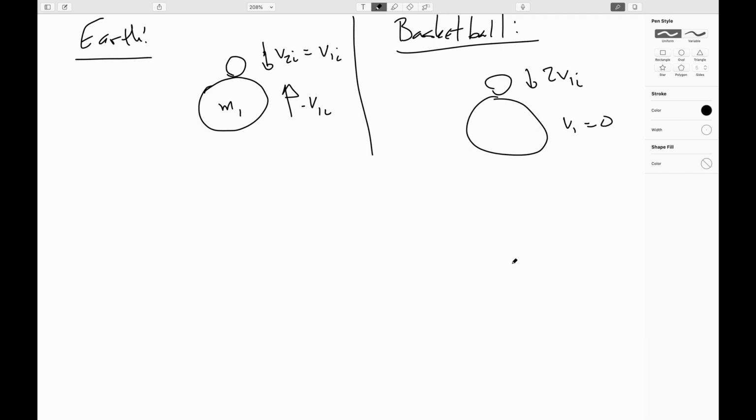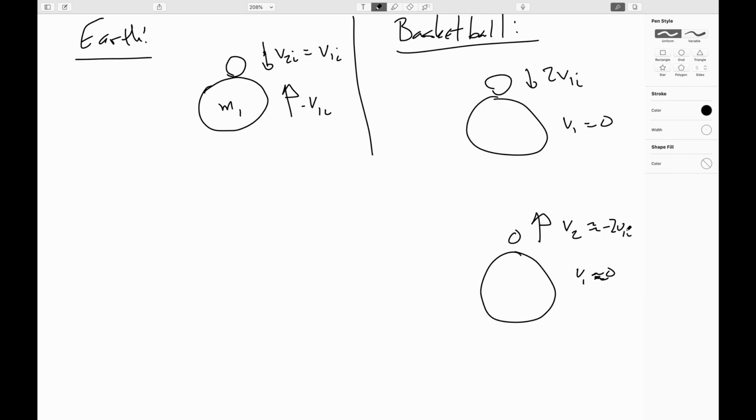In the frame of the basketball, this is basically another case of a ping pong ball against a tank-ish. So the basketball will still be staying there, still basically 0. I'll put a bit, approximately there. But now the super ball is flying up at a shade under minus 2v1 initial.